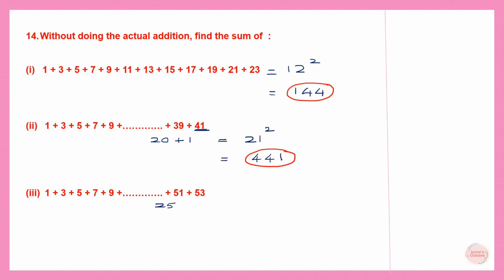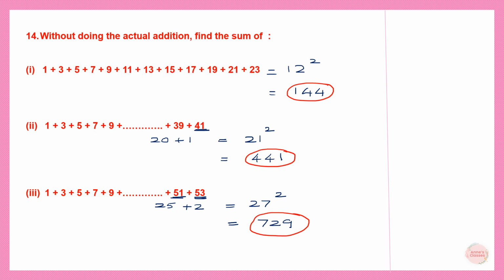Then we have two more numbers here. So 25 plus 2, that is 27. Now all we have to do is find the square of 27. That is 27 into 27. If you multiply, you will get 729. So this is our answer.